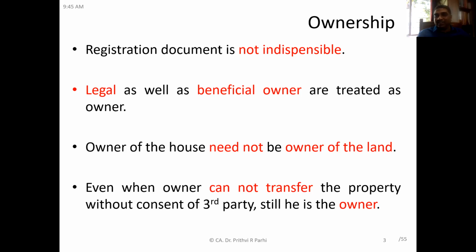An owner may be a practical owner, but the registration may not be in his name. This means the legal owner as well as the beneficial owner are treated as owner. Someone may not be the legal owner of the property, but he may be practically the beneficial owner, and he will still be treated as owner.